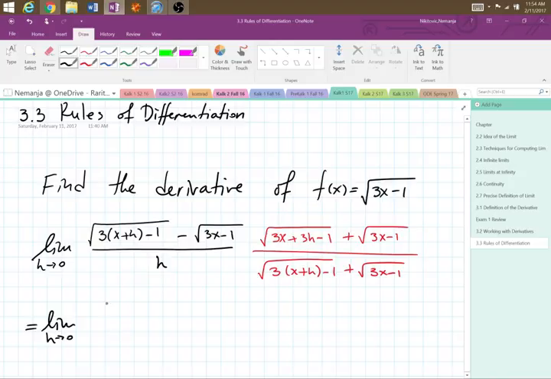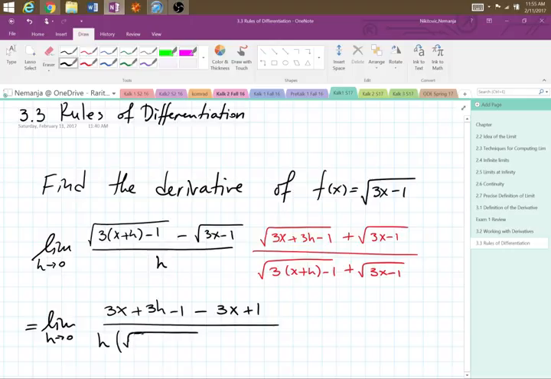The numerator becomes 3x plus 3h minus 1 minus 3x plus 1 when you distribute, divided by h times, in parentheses, the square root of 3x plus h minus 1 plus the square root of 3x minus 1.